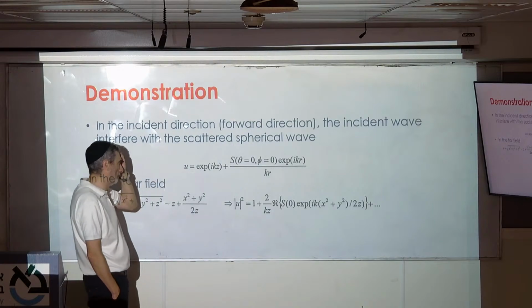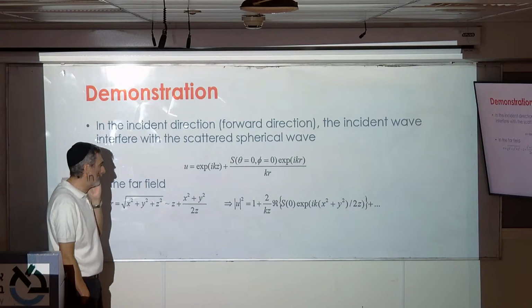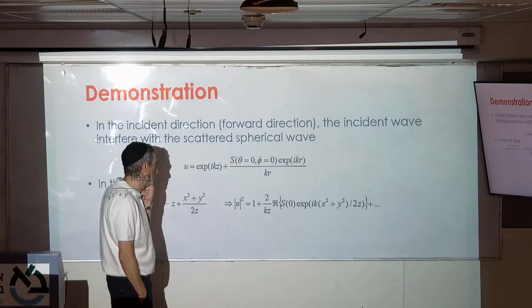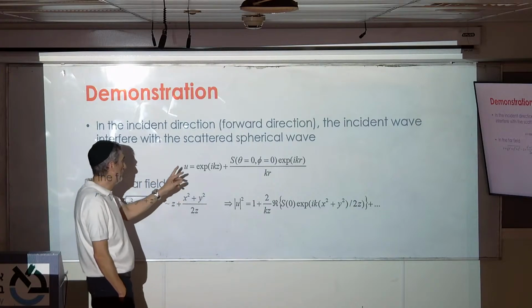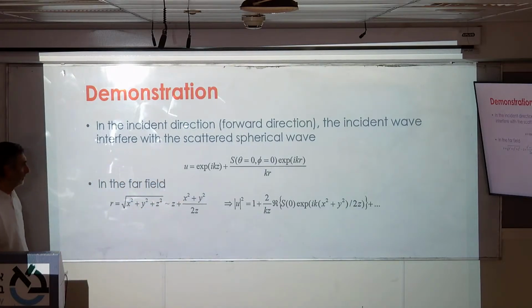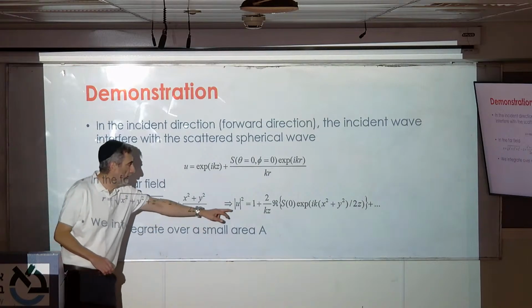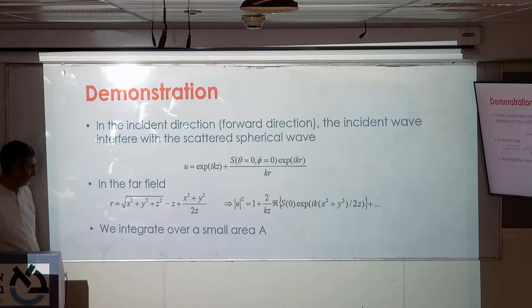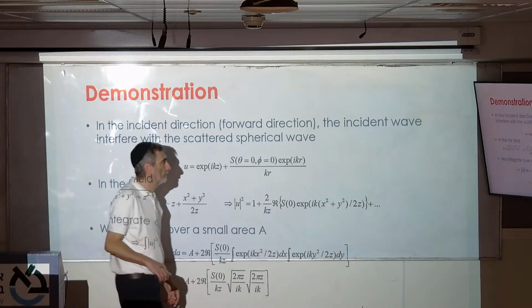Now this expression can be integrated over a small area A. Integrating u squared dA, where dA is dx dy, 1 gives you A, so A plus 2 real part of S0 over kz, and then you have two integrals, over x and over y, of exponential ik x squared over 2z.